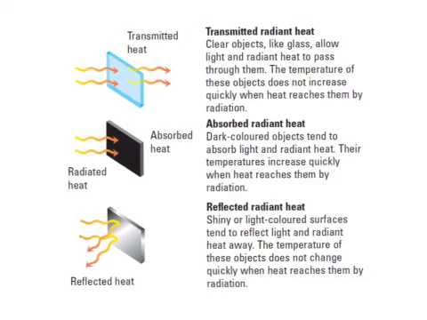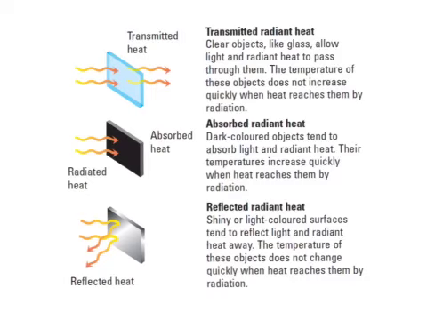So with transmitted heat, for example, you can get heat coming through glass and whatever else. There are three different types of radiant heat, I suppose.